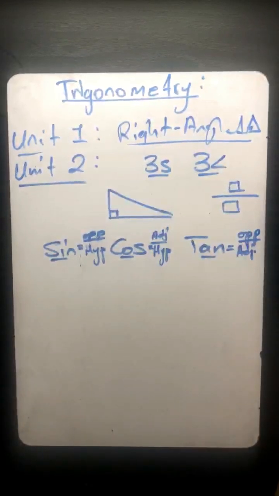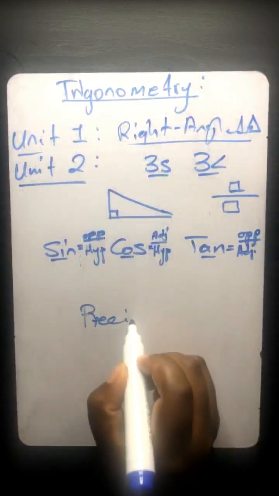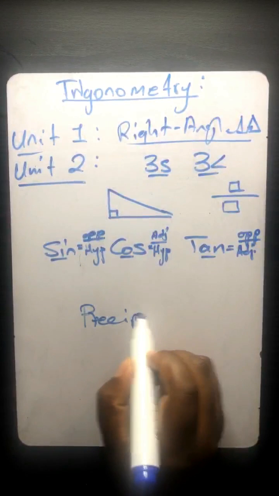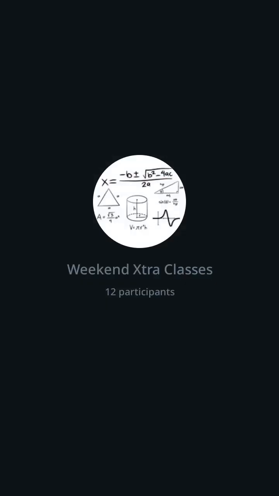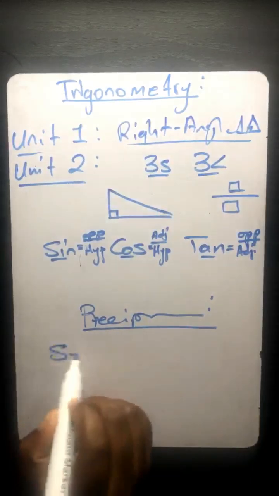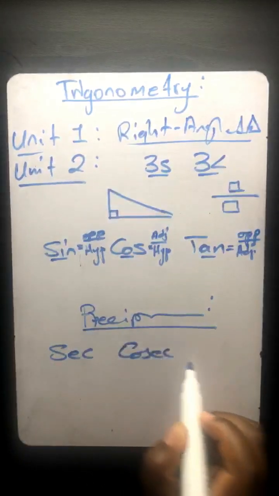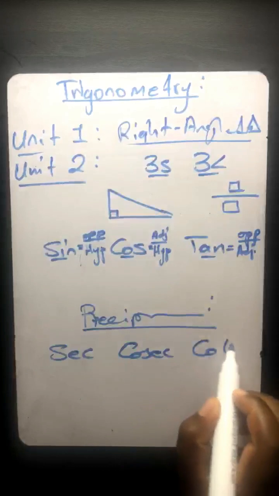Now the reciprocals. What are the reciprocals? If you remember, the reciprocals refer to the inverse of your trigonometric ratios. So the reciprocals are sec, cosec, and also cot.